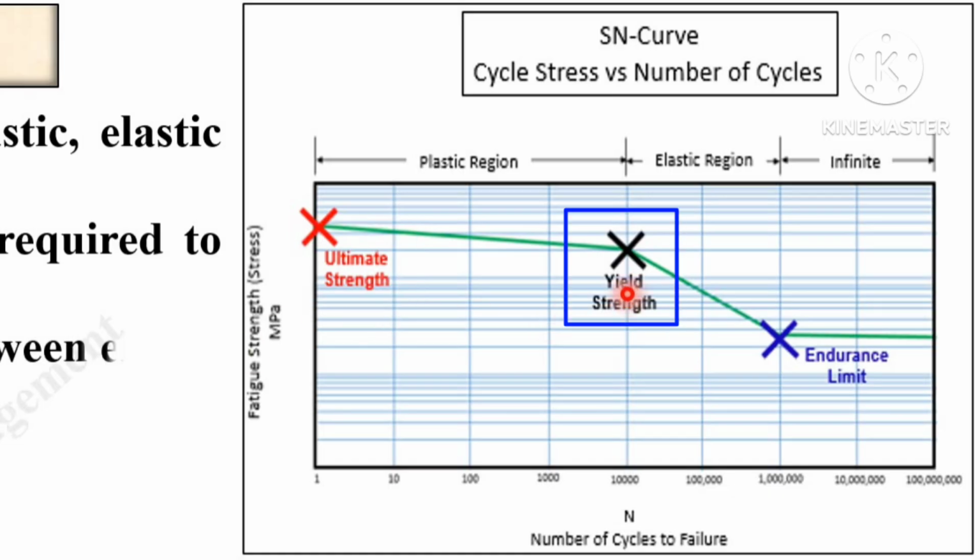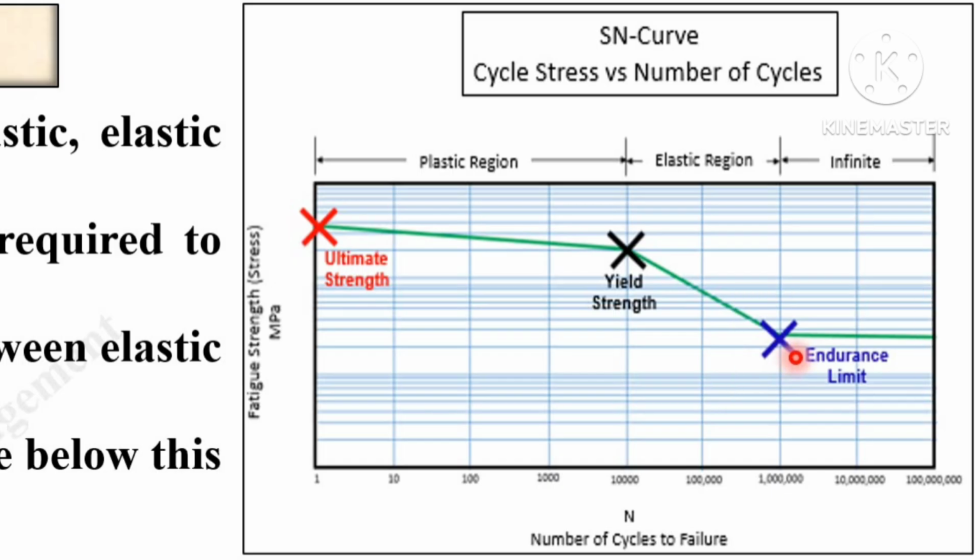Yield strength is the dividing line between the elastic region and the plastic region. And last one, endurance limit. If all cycles are below this stress level, then the material will tolerate that stress and no failure occurs.